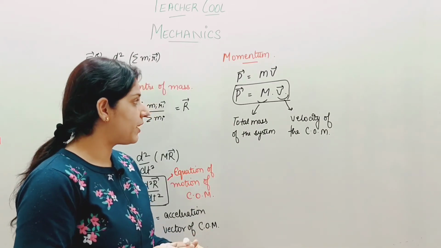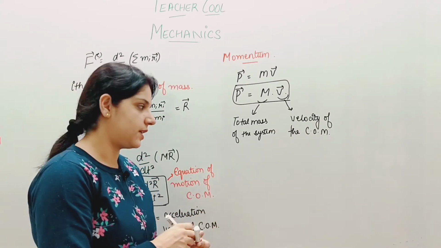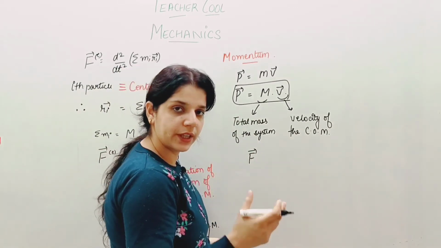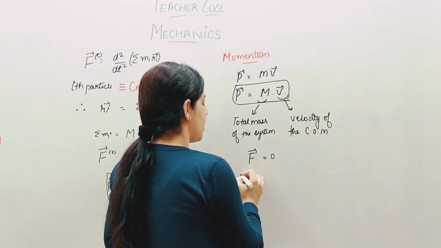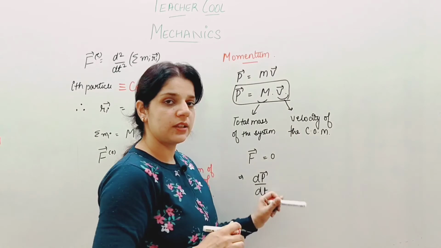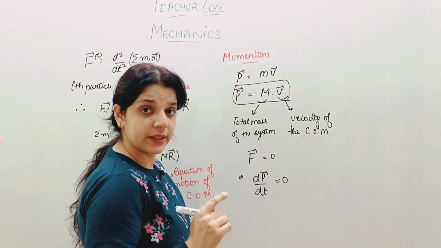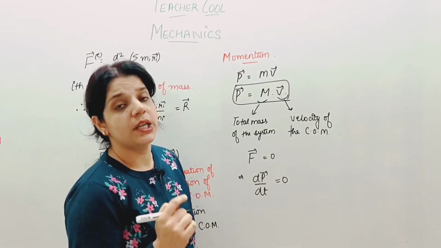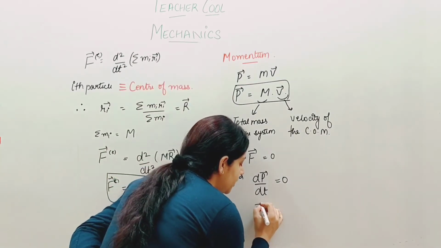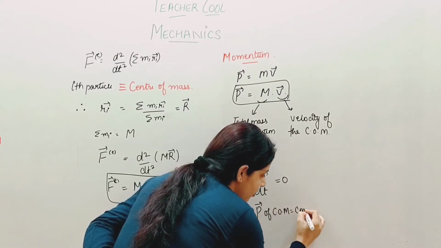So for this, if I say what is the conservation theorem of linear momentum in case of center of mass, I will say again, if the total force acting on the center of mass is 0, I will get dP by dt, which is here the momentum of the center of mass, will be 0. And I will get that even though I am studying a system of particles, the momentum of center of mass remains constant.